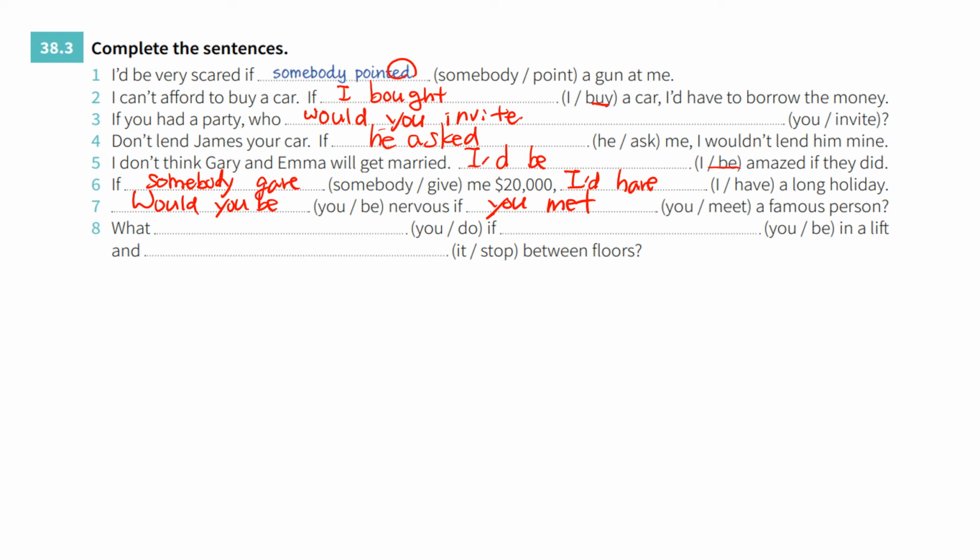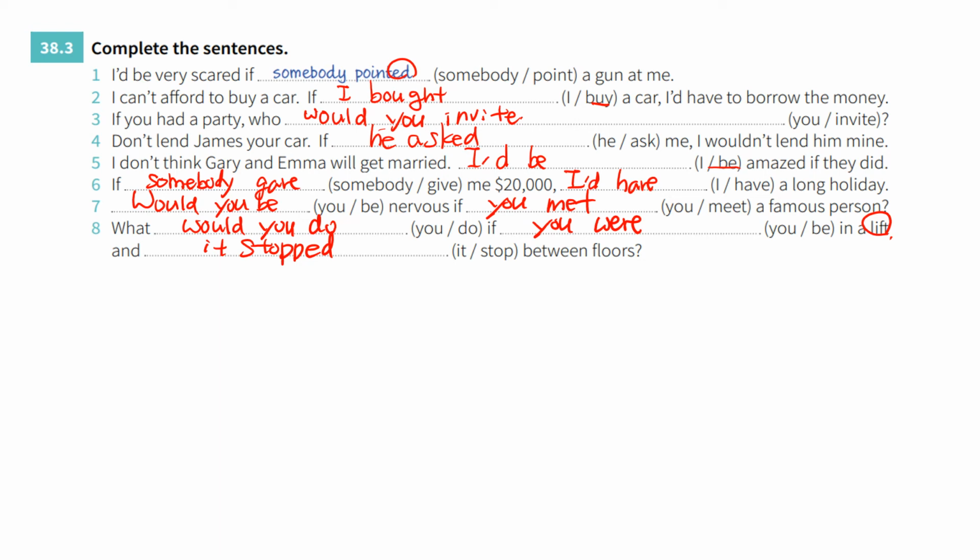Okay, again, this can happen, but still, this is in a way imagination. What would you do? What would you do if you were in a lift, which is elevator, and it stopped between floors?